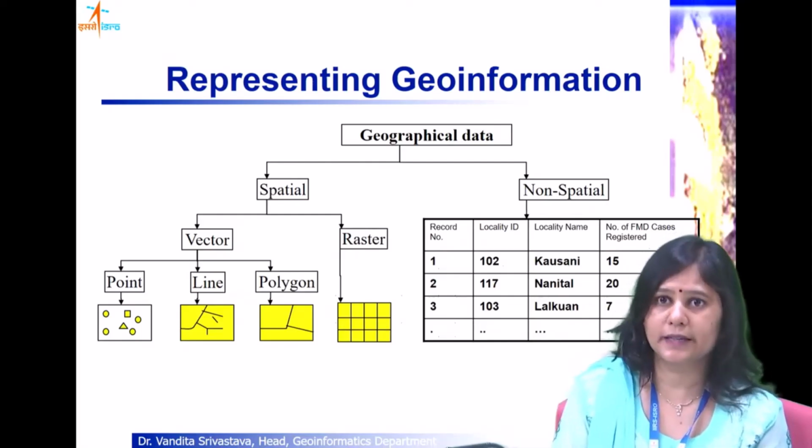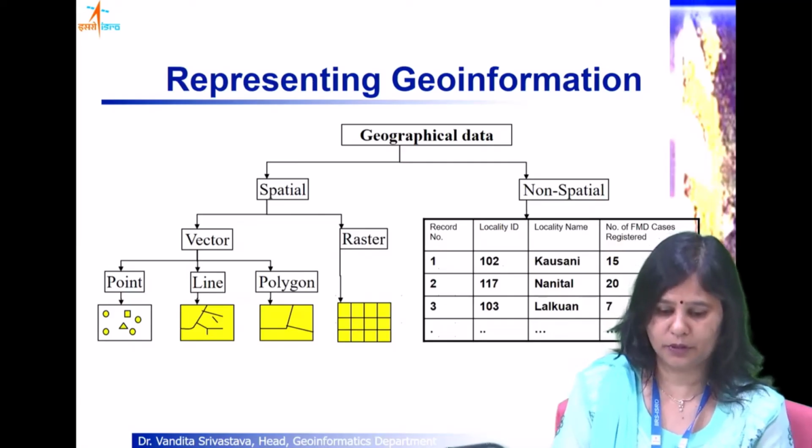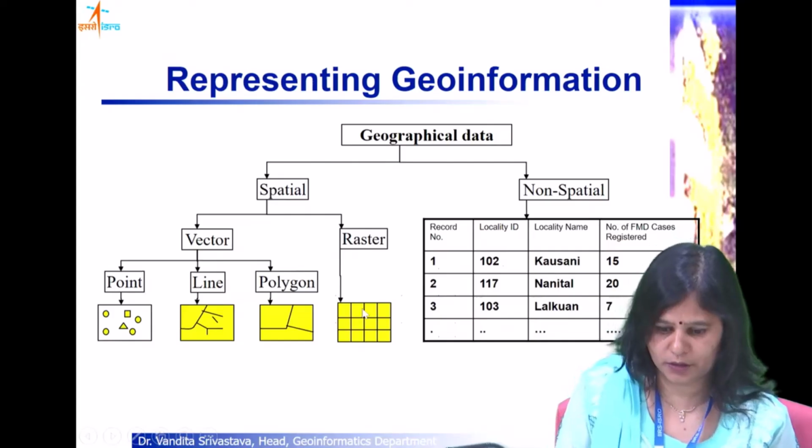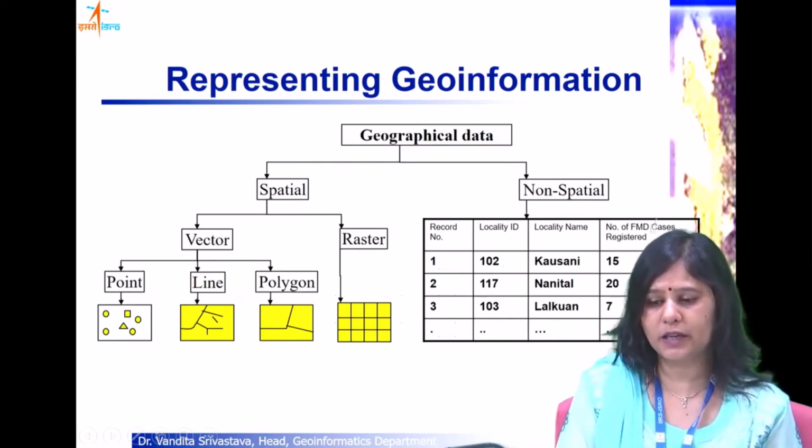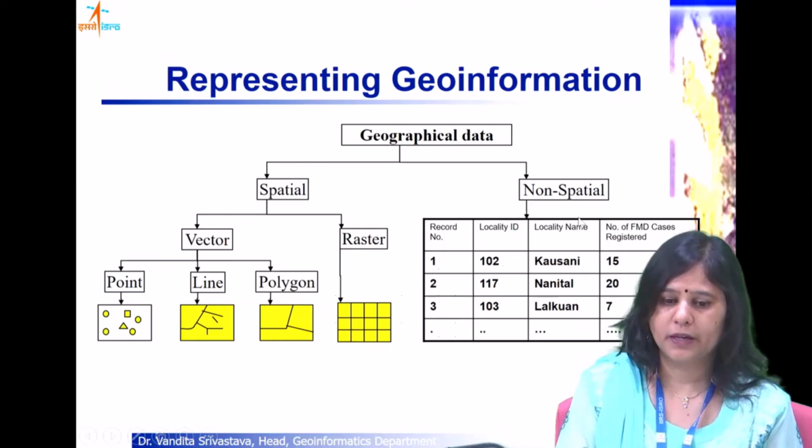All those possibilities exist, but the most commonly used format is the raster format, which has square pixels. Sometimes you would also see that it may have rectangular pixels as well. So these are the representations for spatial as well as non-spatial data.